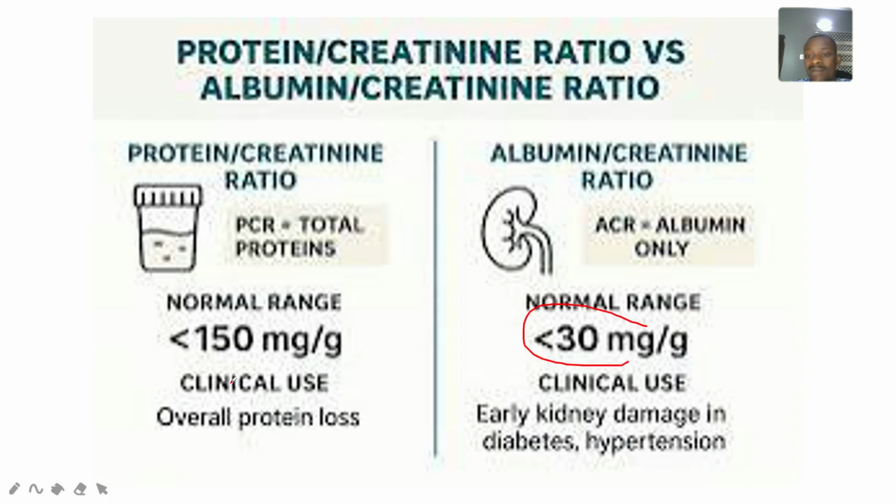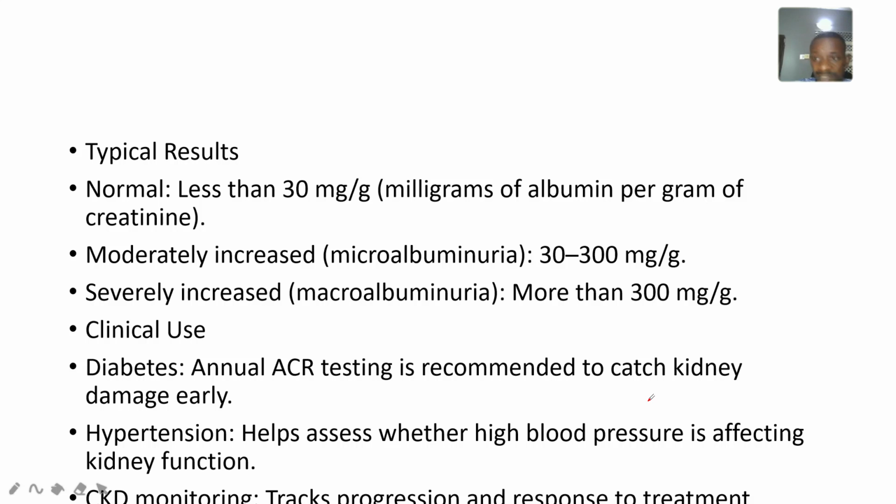Sorry, this is albumin creatinine, not protein creatinine ratio. Well, albumin is still a protein though. But if you're talking about albumin specifically, then you know it's less than 30 that should be the normal range. So a typical result, just like we're saying, is less than 30 milligrams of albumin per gram of creatinine.